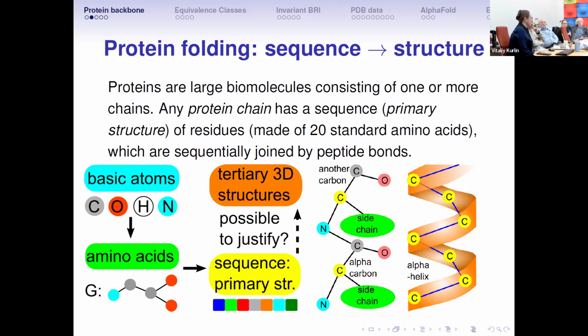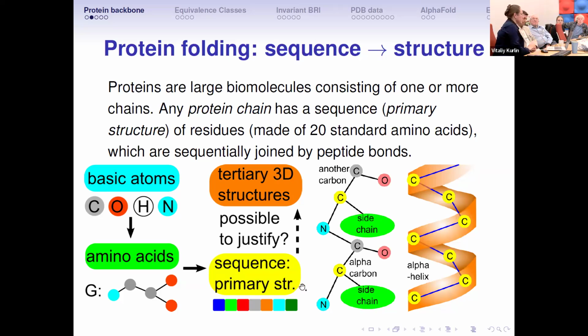It is also called a peptide chain or protein chain. A protein chain formed from amino acids consists of residues, and each residue is a single amino acid.